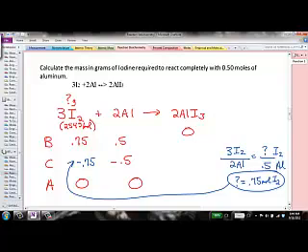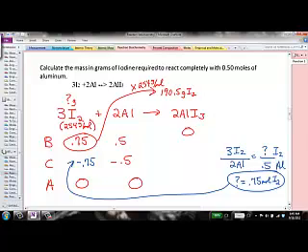So I'm just going to circle this, do a little arrow, times 254 grams per mole, and that's going to give me 190.5 grams of iodine, which is the answer that they wanted right there.